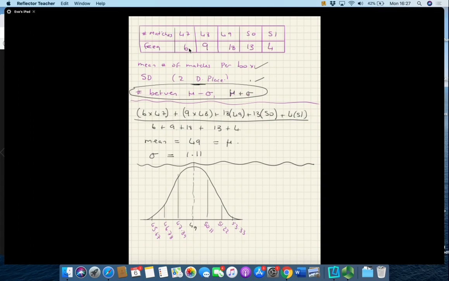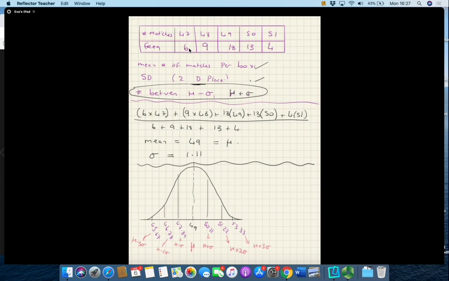So this is mu plus 1 sigma, and this one here is mu minus sigma. This one here is mu minus 2 sigma. This one here, mu minus 3 sigma, mu plus 3 sigma, mu plus 2 sigma.